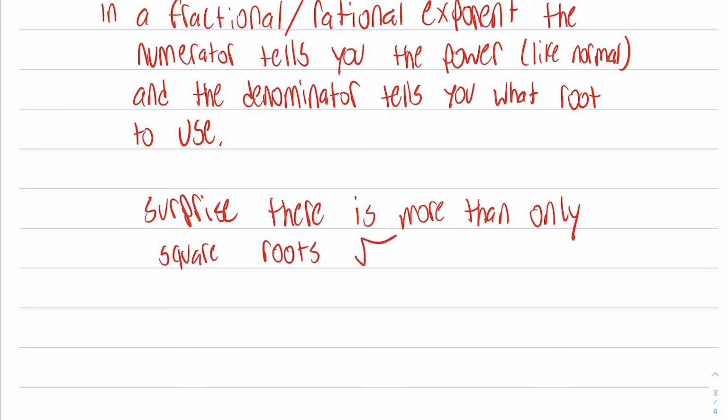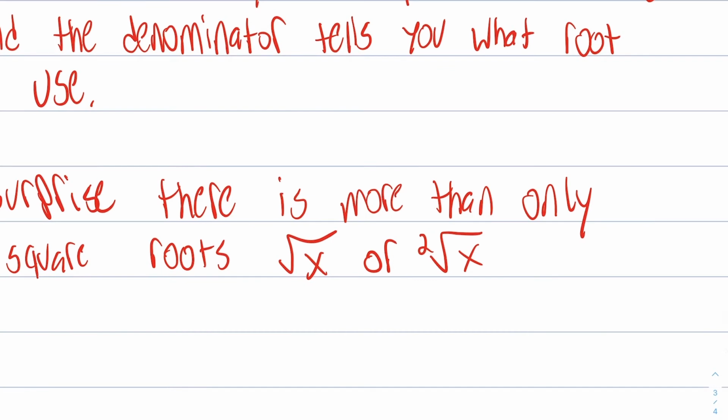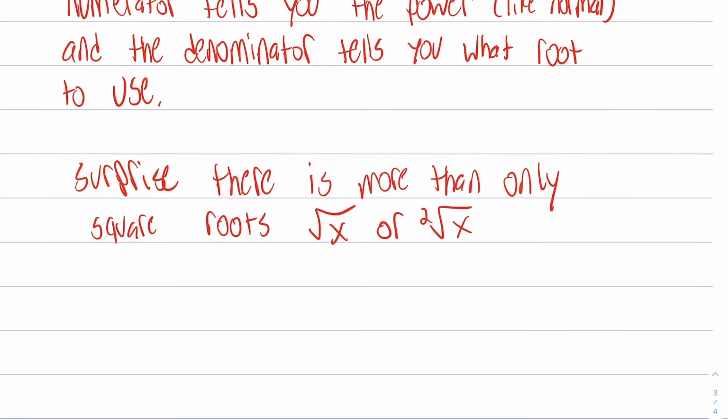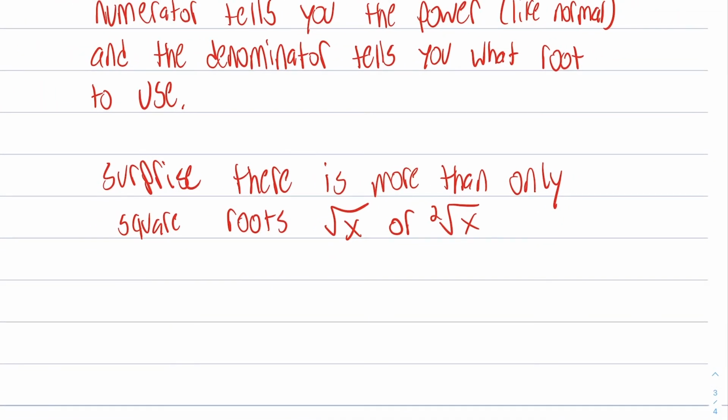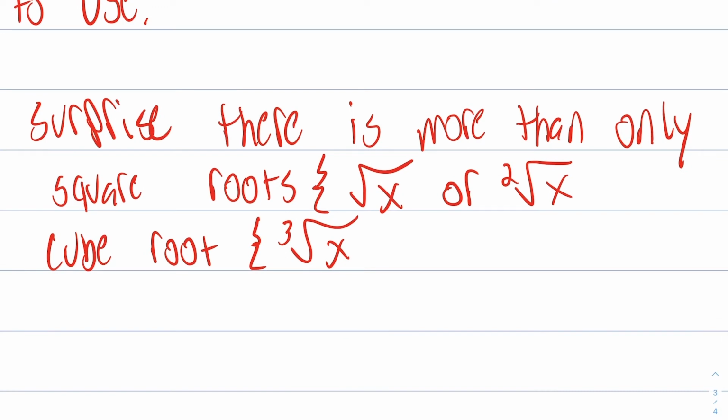A square root can look like that, or a square root can look like this. If you have the number 2 there, or if you have the number 2 not there, these are square roots. You could have a cube root. A cube root would be the same symbol, but with a 3 on the outside of that symbol.